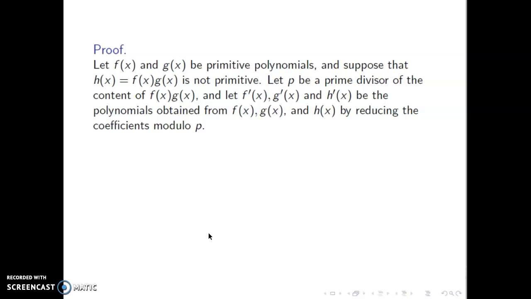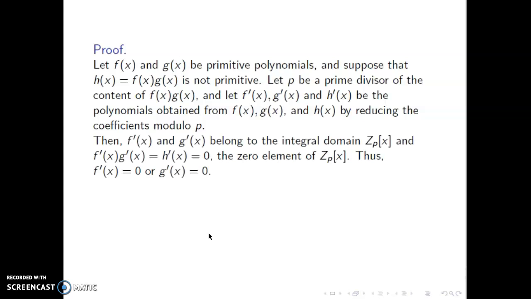If it is not primitive, then I can find a non-zero GCD which is not equal to 1 for the content of h(x). So let p be a prime divisor of this content, and let f'(x), g'(x) and h'(x) be the polynomials obtained from f(x), g(x) and h(x) by reducing the coefficients modulo p.